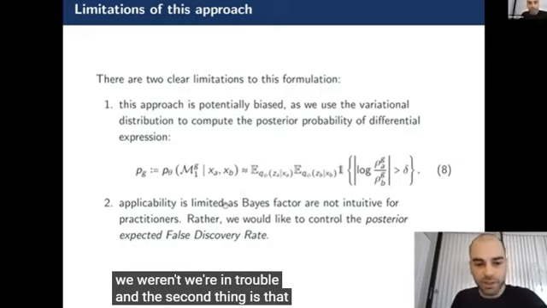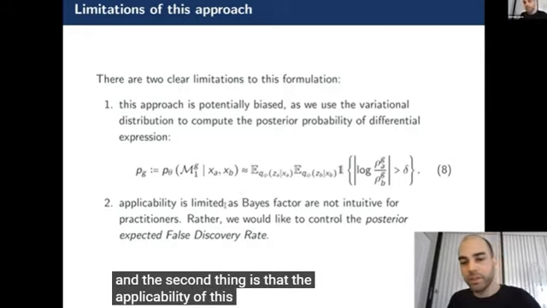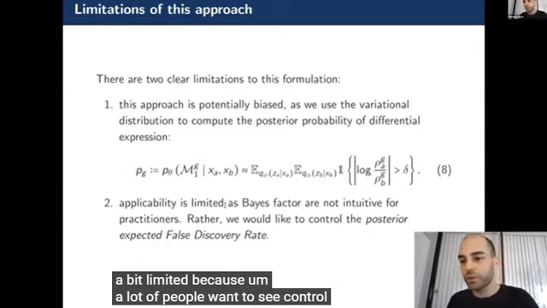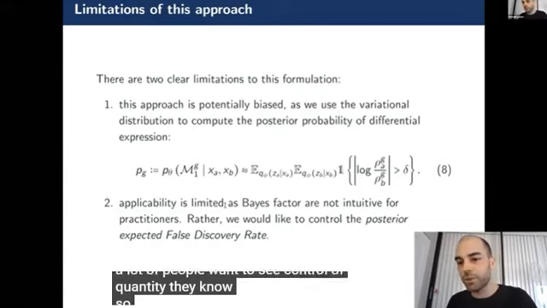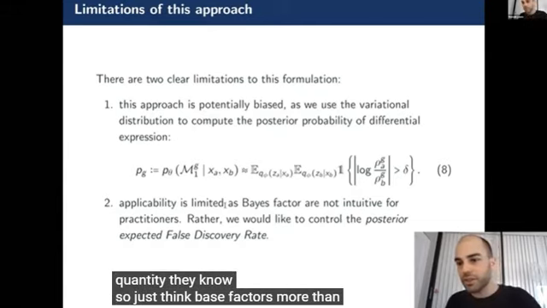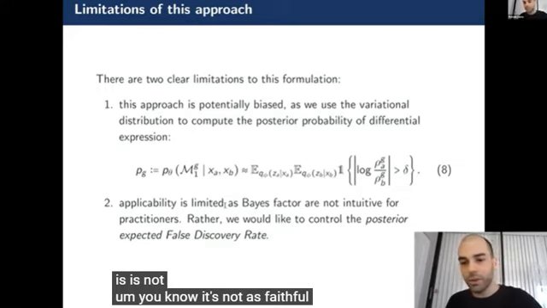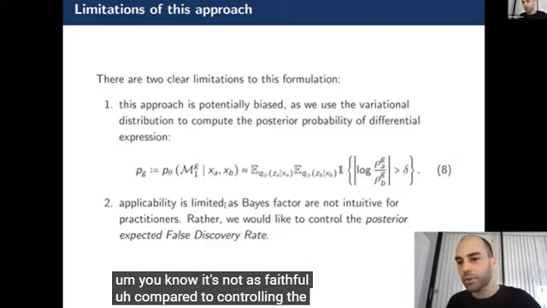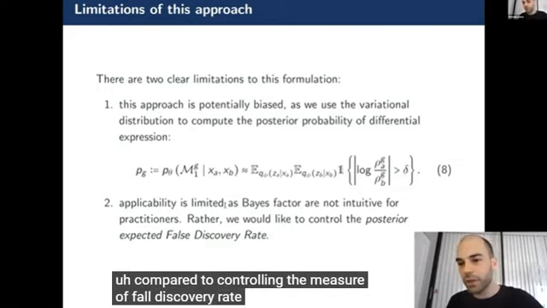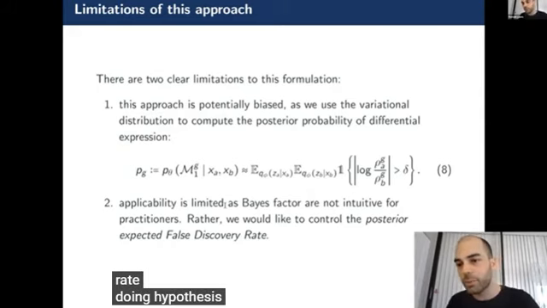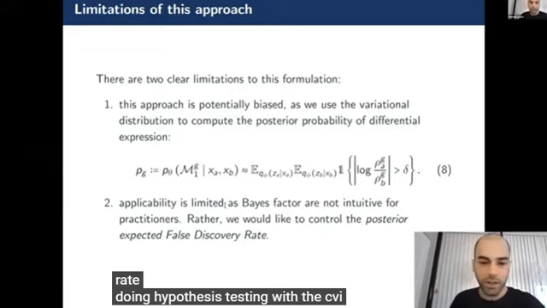The second thing is that the applicability of this type of method is a bit limited, because a lot of people want to see control of a quantity they know. So just saying Bayes factors more than 10 is not as faithful compared to controlling a measure of false discovery rate. And so we spent a lot of time thinking about how to control the false discovery rate doing hypothesis testing with scVI.